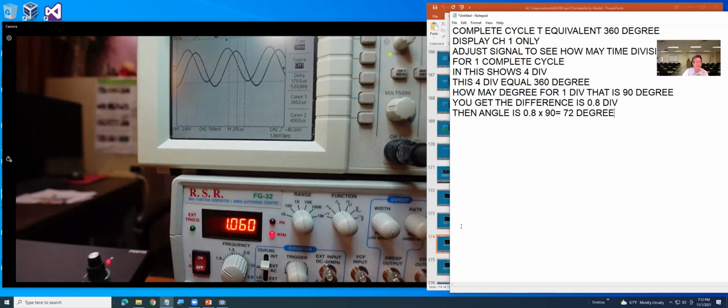Okay, so that's how you can get the phase difference without using the formula. This is what they just showed you they wanted to measure.